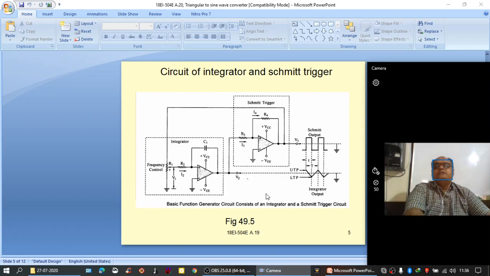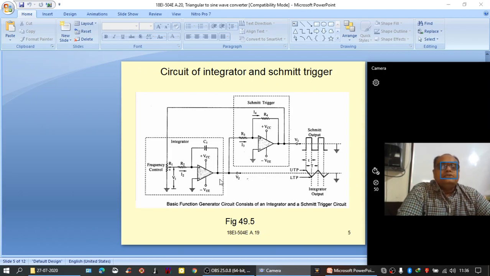Here is the circuit of integrator and Schmitt trigger. In this, we can see that a Schmitt trigger is made up of an operational amplifier and an integrator also is made up of an operational amplifier.